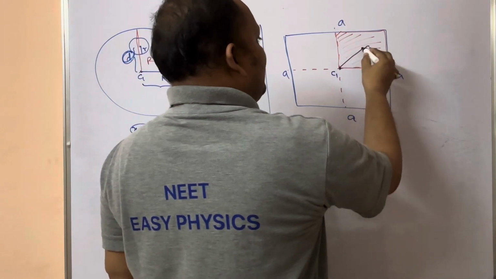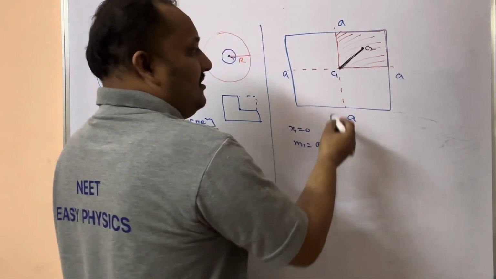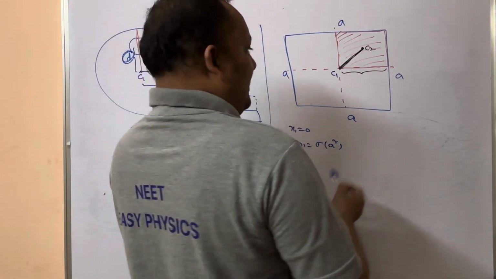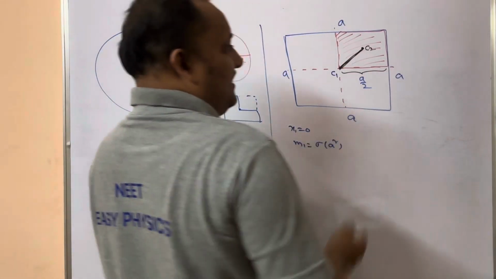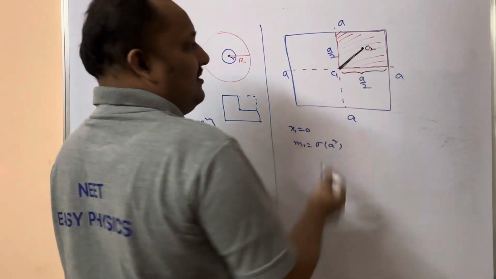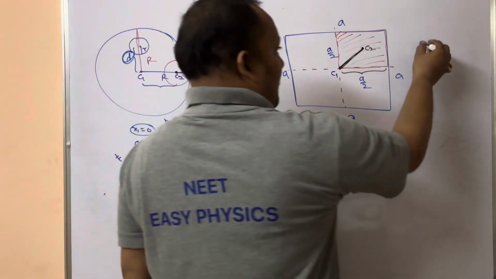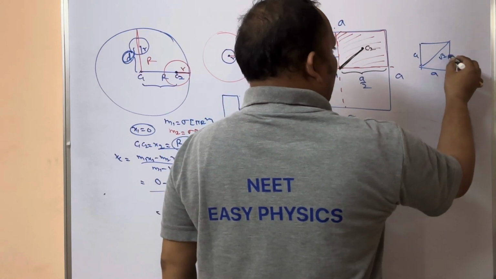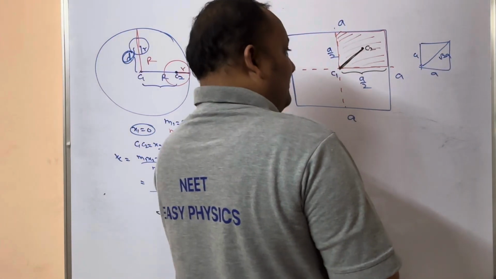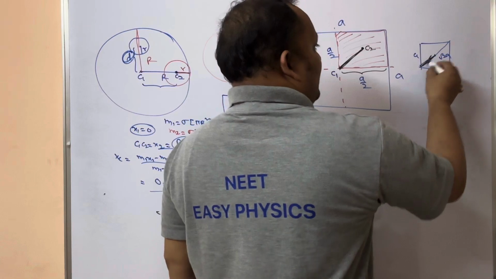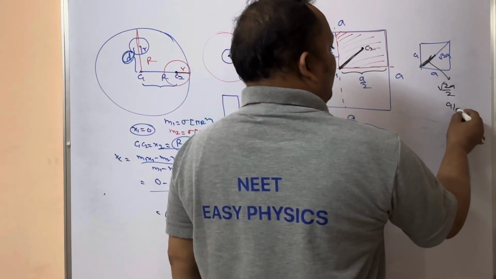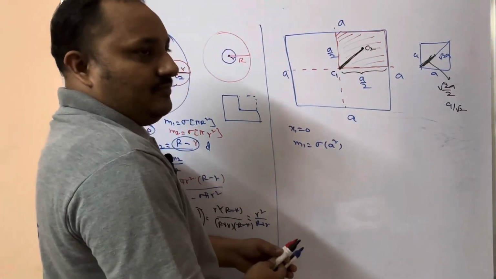Now what is the C1, C2 distance? Now what is this length, we came to know according to the diagram. This is a by 2. This is also a by 2. So in a square, if the side is a, the diagonal is going to be root 2 a. So from its center, this one is going to be root 2 a by 2. That is going to be a by root 2.